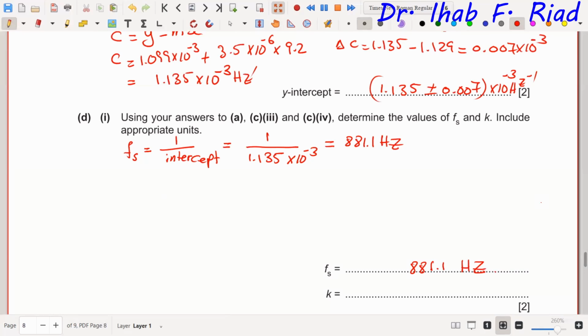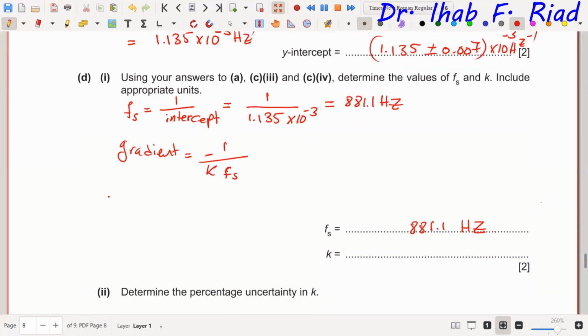Okay. What about the gradient? The gradient is equal to minus 1 over K Fs, right? Therefore, K is equal to minus 1 over gradient times Fs. The gradient is minus 3.5, so it is 3.5, right?